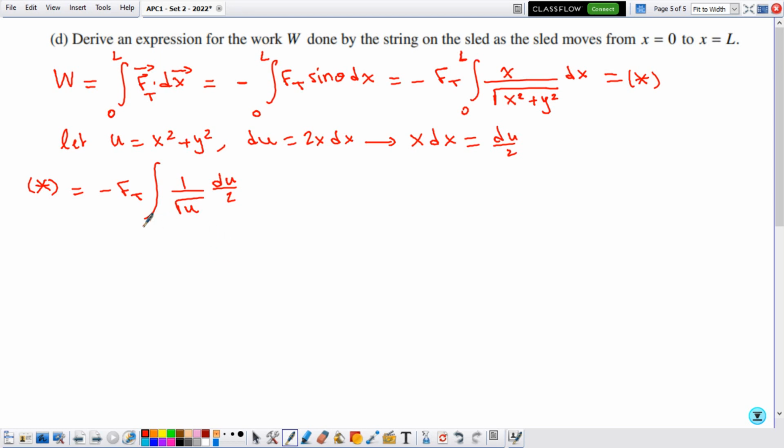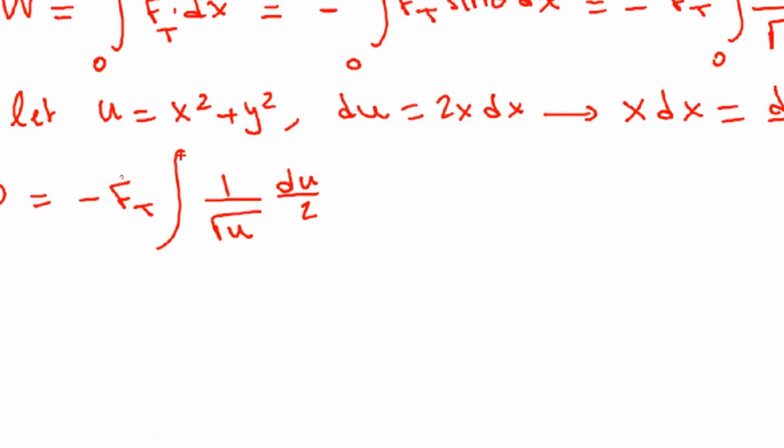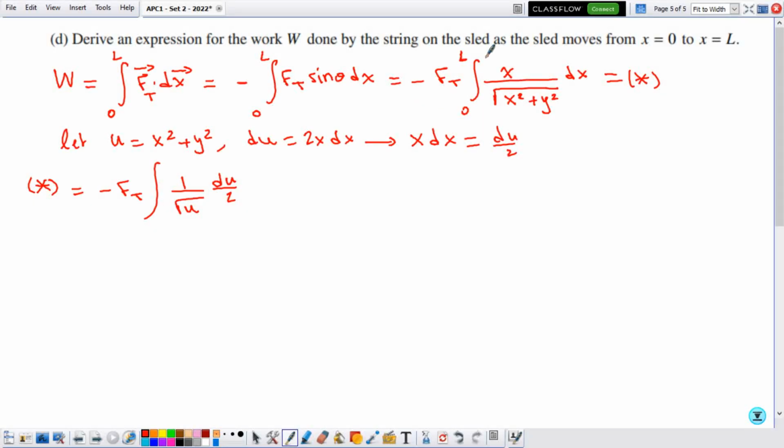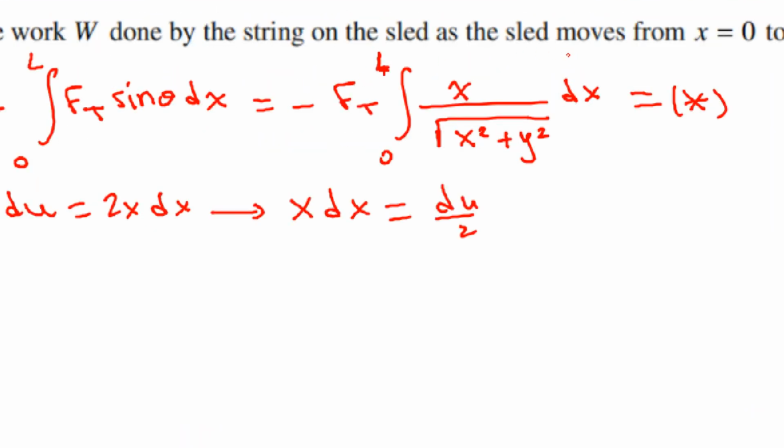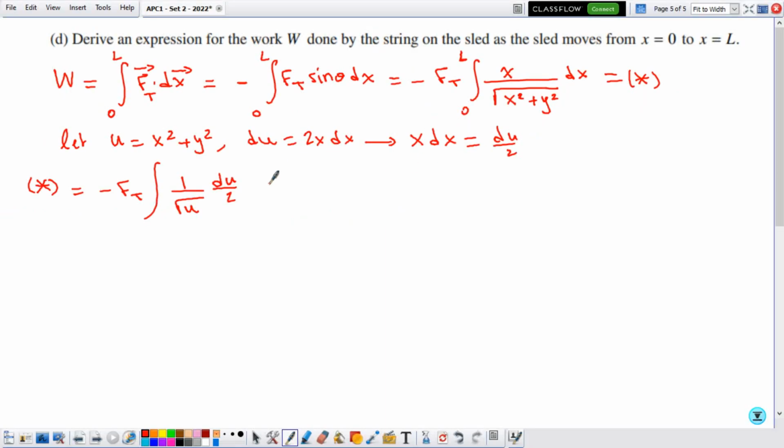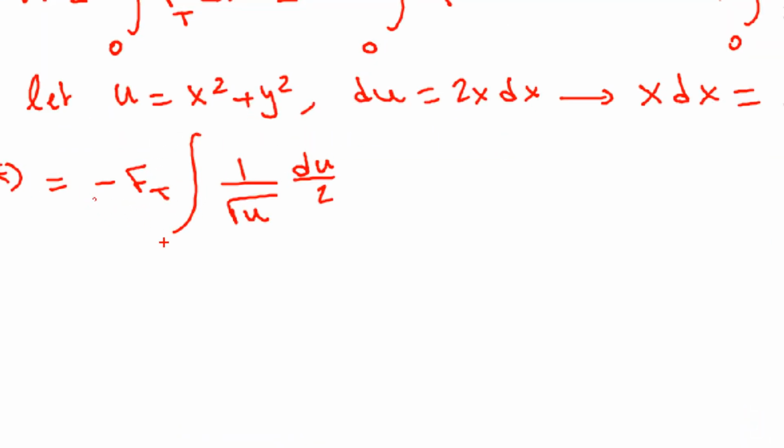Alright, and notice here something very crucial that I have done. I didn't place the boundaries for the integration. Why? Because these boundaries are defined for the variable x. I have done a change of variable, which means that we have reset the boundaries to new boundaries. How can we determine the new boundaries? Simply by using the change of variable.